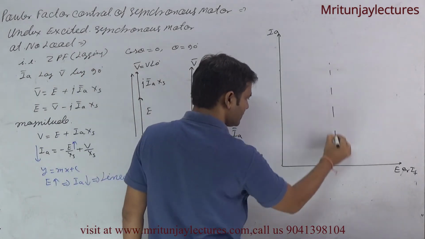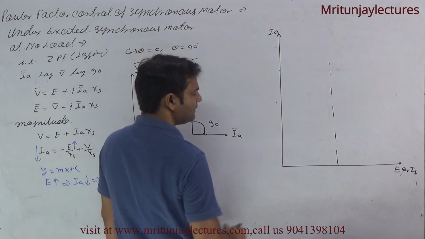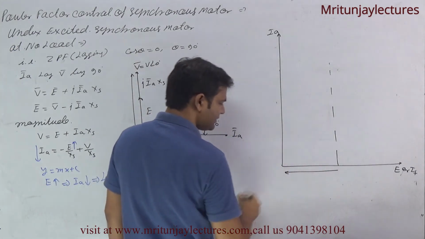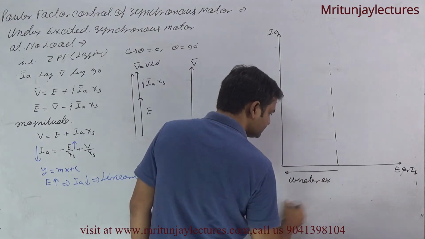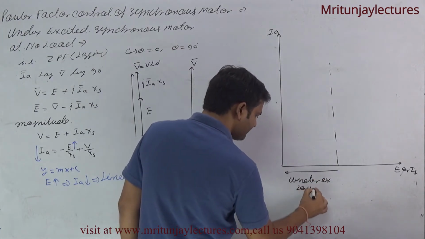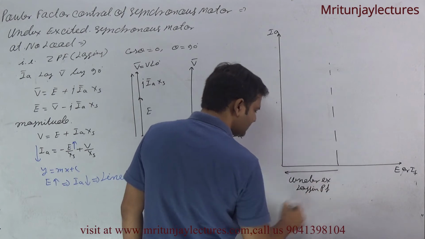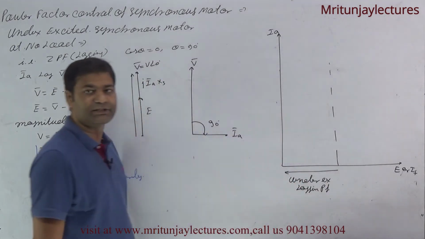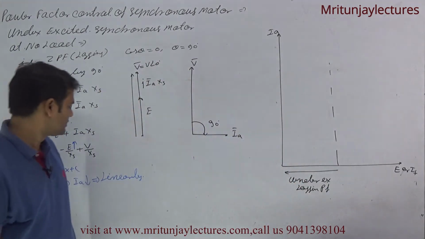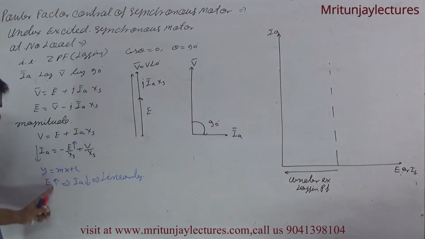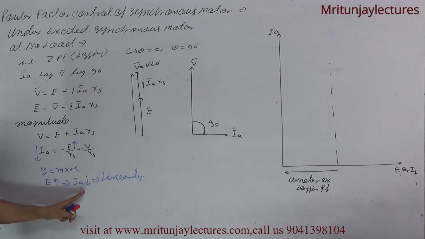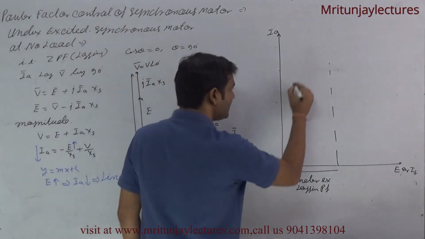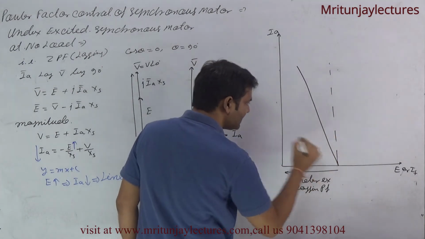Now first of all, this region represents under excitation, that is lagging power factor. Now what about Ia decreases? If E increases, Ia decreases, it means a linear decrement. It means it is represented like this one.